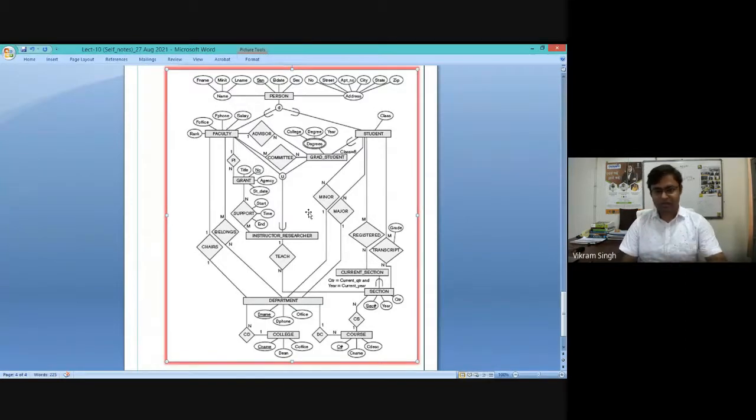So this particular picture gives you the utmost idea about the possible enhanced ER diagram, right? So it is not only about simply extending the entity, it is also about maintaining and recording the relationship with other entities in the ER diagram.